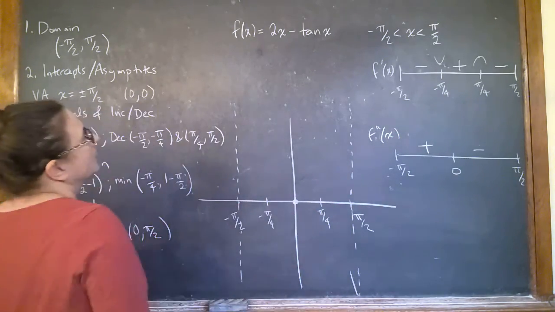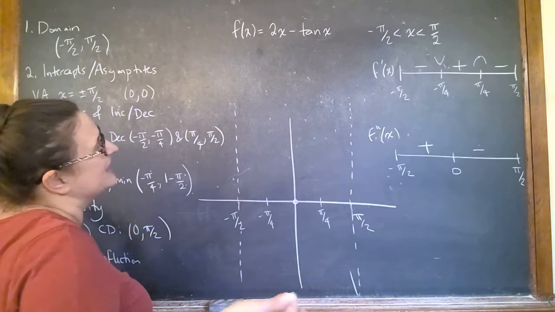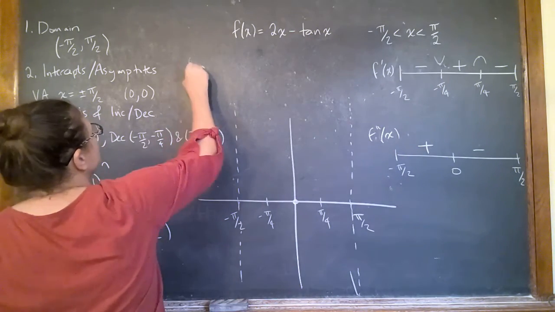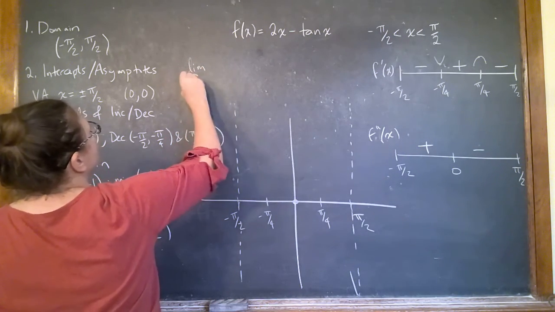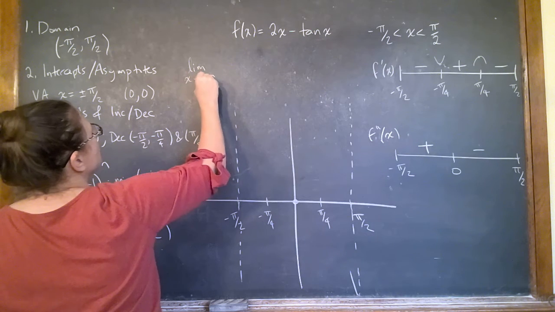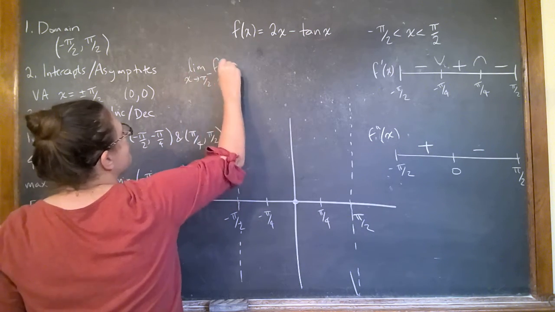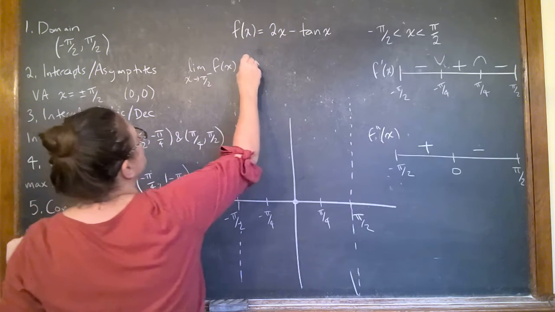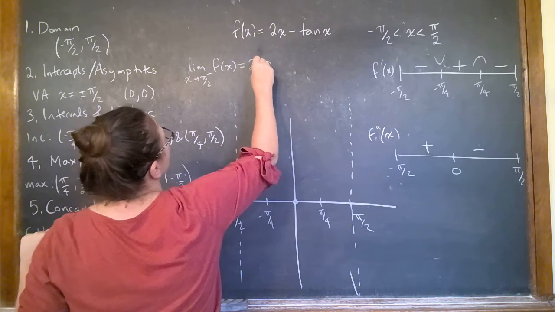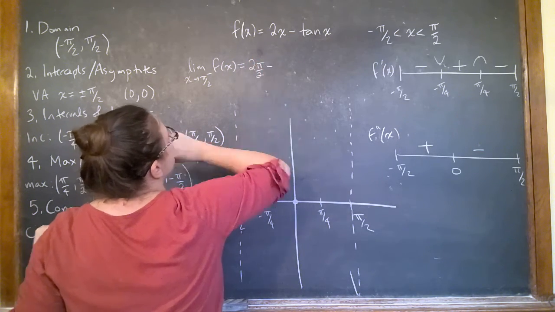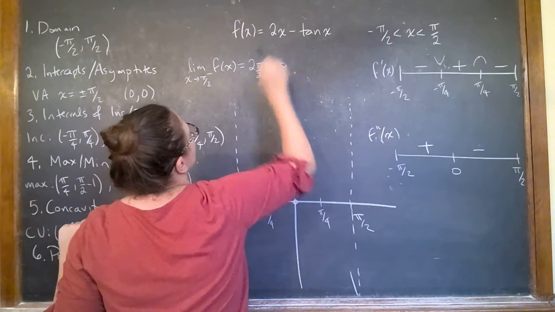If I'm over here, I said we didn't really have to do the limits, but if we do, it just gives us more of a feeling. So x going to pi over 2 from the left, f of x becomes 2 pi over 2 minus something going to infinity.